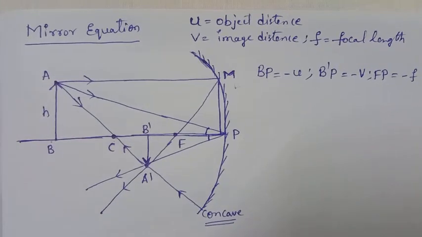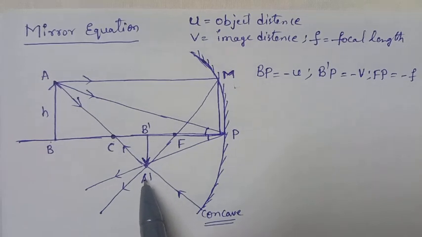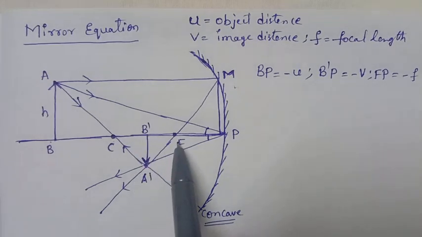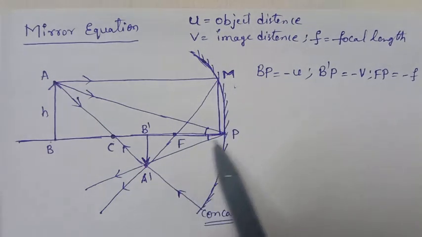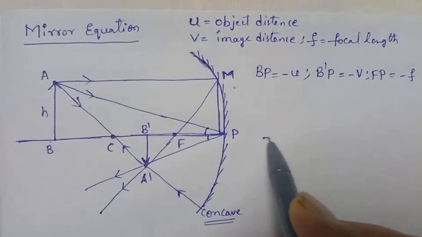For that purpose we can consider similar triangles. The first similar triangle is A dash B dash F and another is MFP. So again I will draw here.